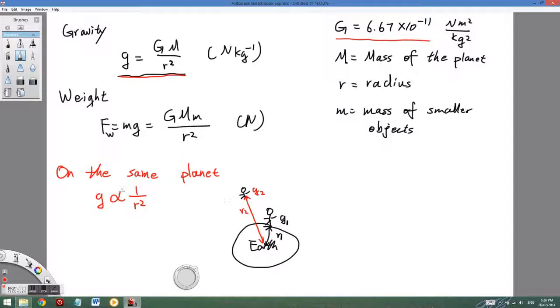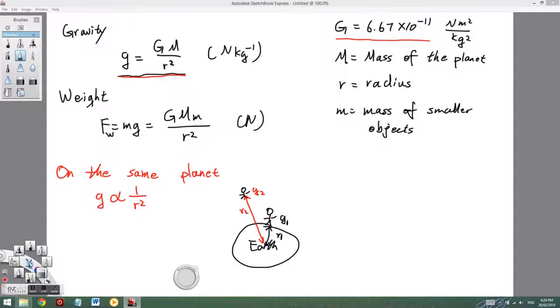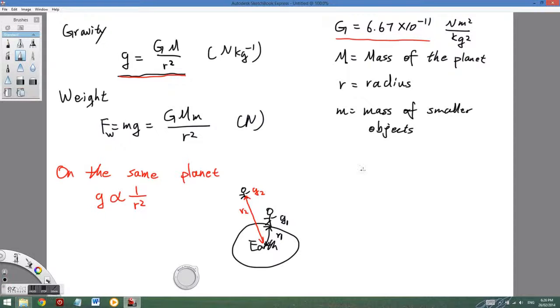Using this equation, we can derive a ratio equation. It will be in the exam, so write it down in your book. The ratio between G1 and G2 will be, remember, inversely proportional, so it will be the ratio of R2 square and R1 square.